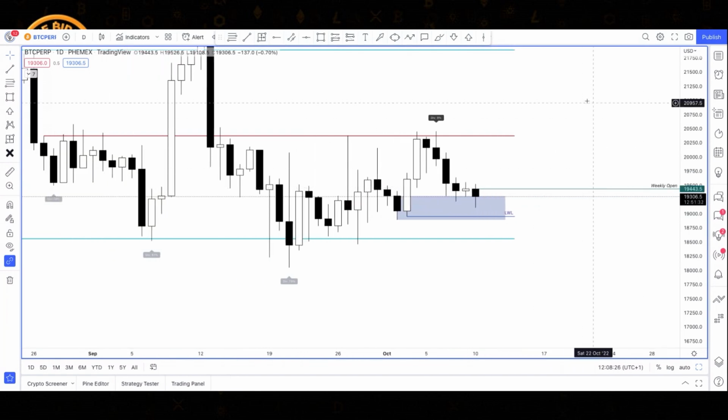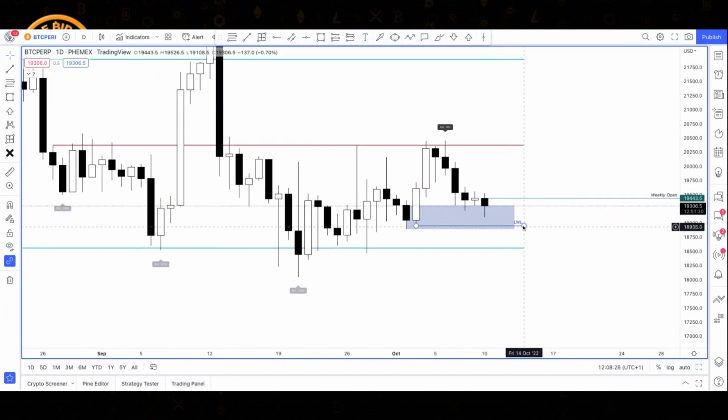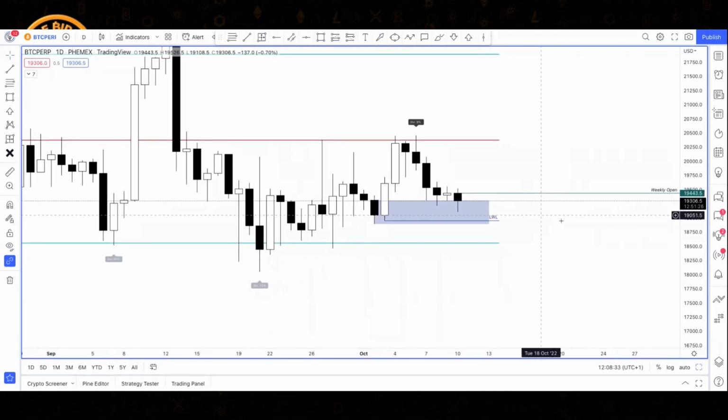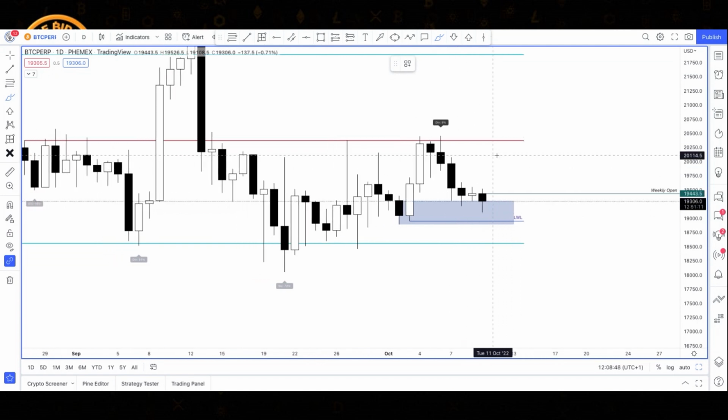So we're going to do that on the 4-hour, but I've also got last week's low marked out here, and we've got the weekly open. So let's think about what we've got in terms of confluence here. So if price, as we can see, has dipped in here once, twice, this is the third time it's come into this order block, right? Now, normally you want to see a slightly stronger reaction when this happens, but in this instance, we're still holding the block here.